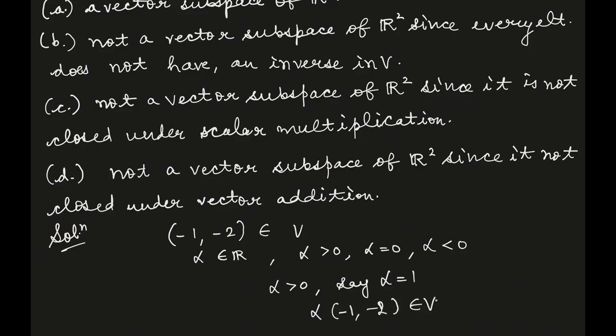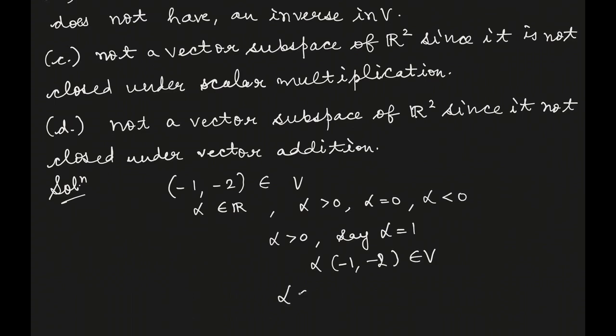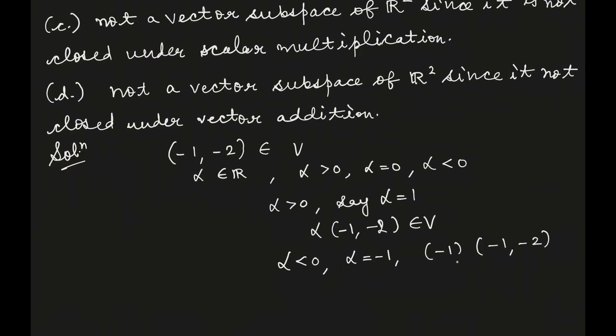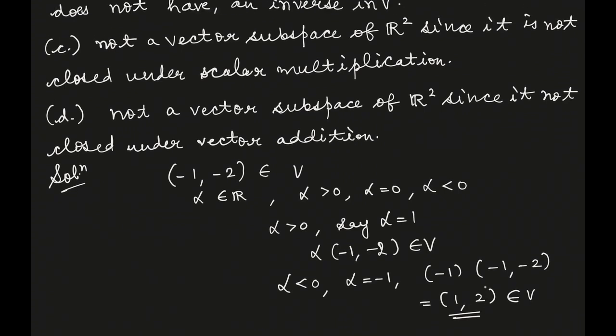But for negative alpha, say alpha is minus 1, then minus 1 times minus 1 comma minus 2 gives 1 comma 2. Again it is satisfied. The product of these two numbers should be greater than 0, na? Yes, so scalar multiplication is satisfied.